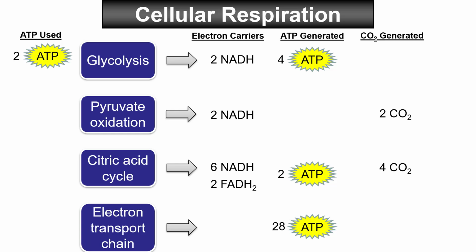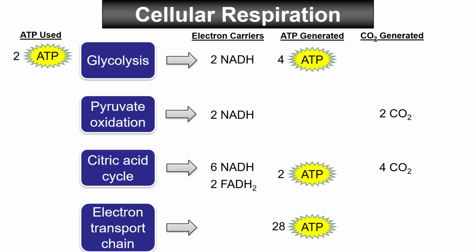So in pyruvate oxidation, 2 carbon dioxide are generated. In the citric acid cycle, 4 carbon dioxide are generated. And the key here is to watch the carbons, because glucose starts out with 6 carbons. Glucose ends up being rearranged and transformed in all of these reactions of cellular respiration so that electrons can be stripped from it.